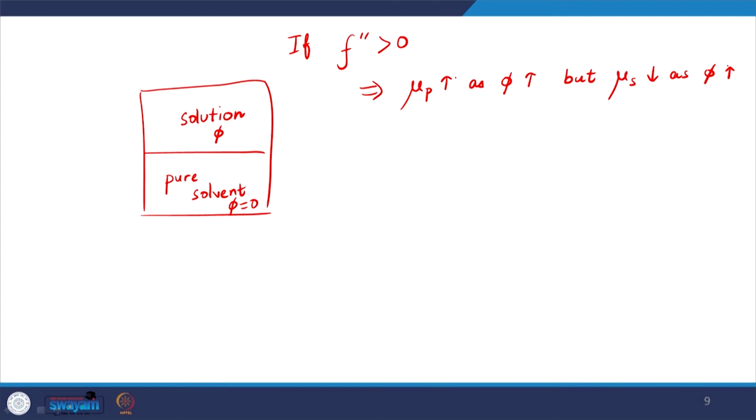So clearly in this case, if the solute moves from the solution to the pure solvent, then phi is decreasing.